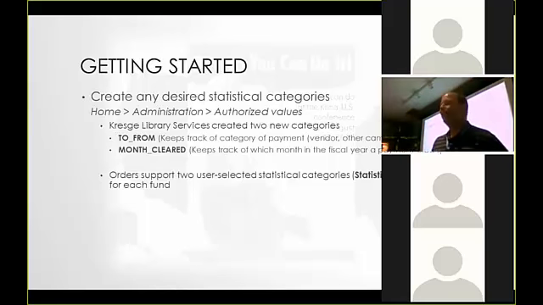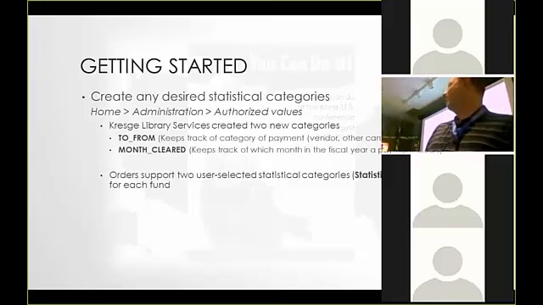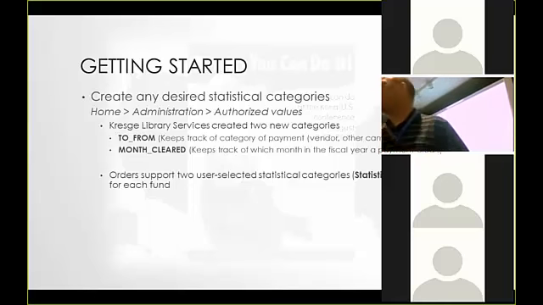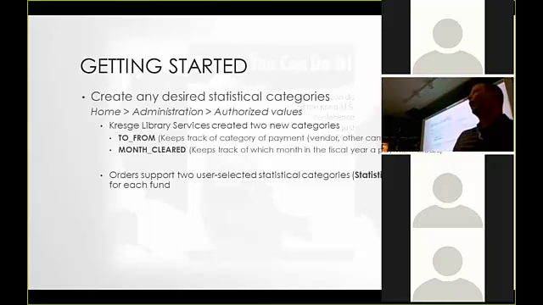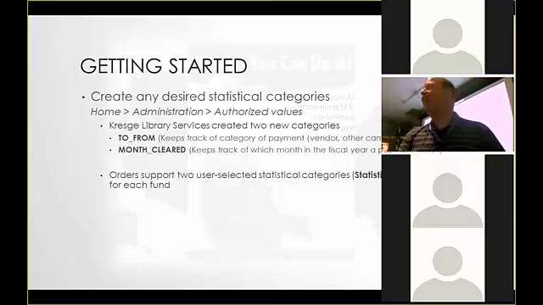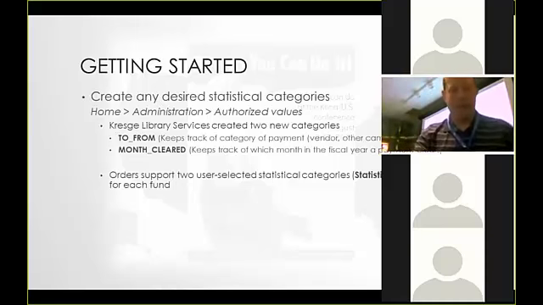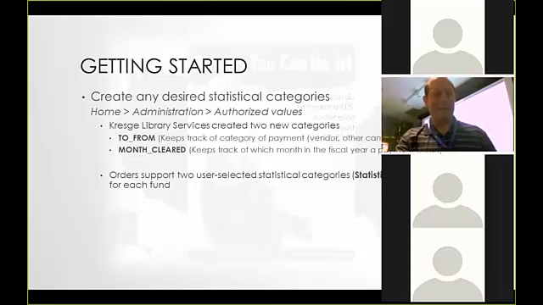So one statistical category called to and from keeps track of that, and a separate one called months cleared. We reconcile our materials account and all of our endowed accounts monthly, and I like to be able to create reports on how much money has gone out of the budget every month because we have to file quarterly variance reports with the School of Business's Finance Office.